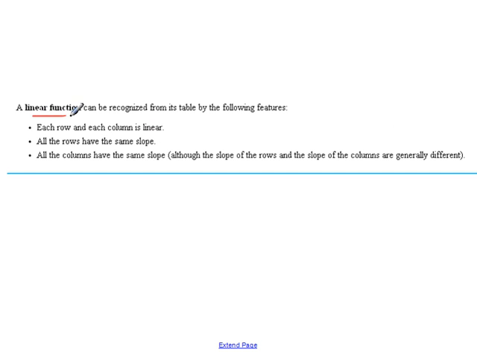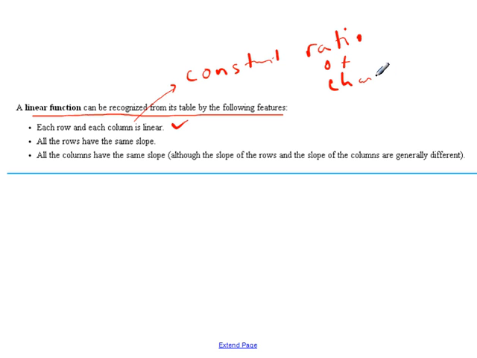A linear function can be recognized from its table if it has the following features. Each row and each column needs to be linear, which means that we're having a constant ratio of change. And all rows must have the same slope, and all columns must have the same slope.